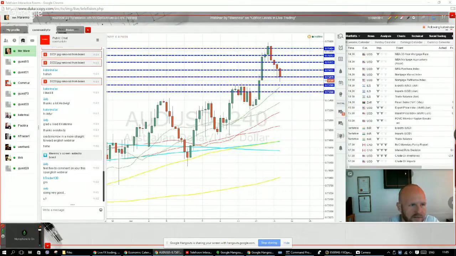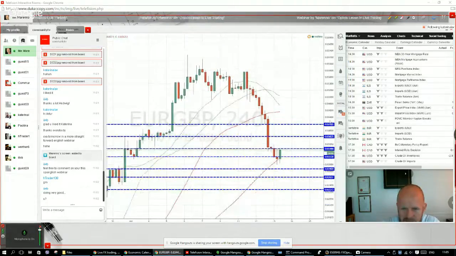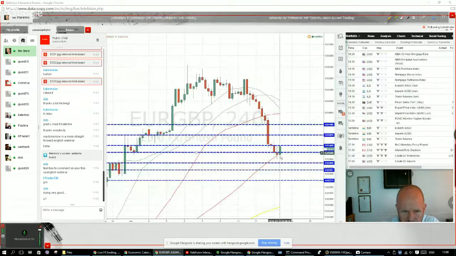Okay. The next one is Euro Pound. Well, basically, that's something what I was expecting. So I'm waiting till this 4-hour candle will be closed, and I will try to enter with a price of 0.83228. It also depends on if the price will be closed above this level.